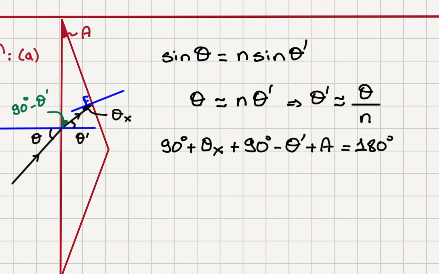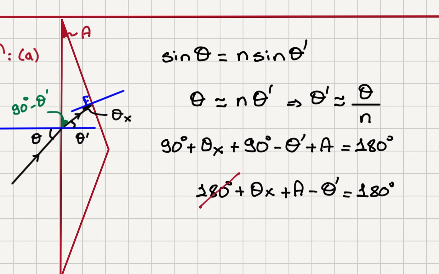So I have 180 degrees plus theta x plus A minus theta prime equal to 180 degrees.